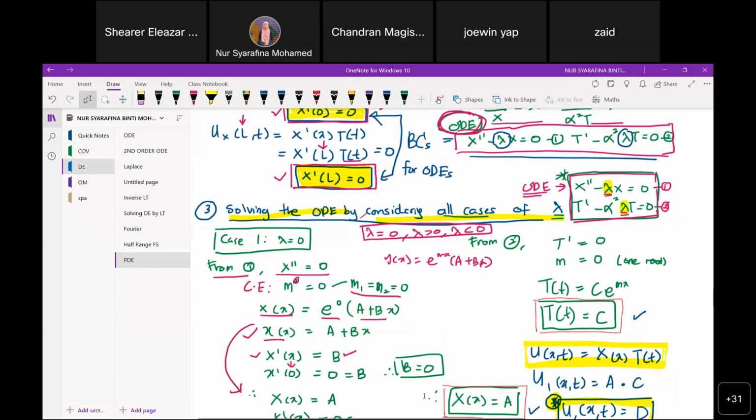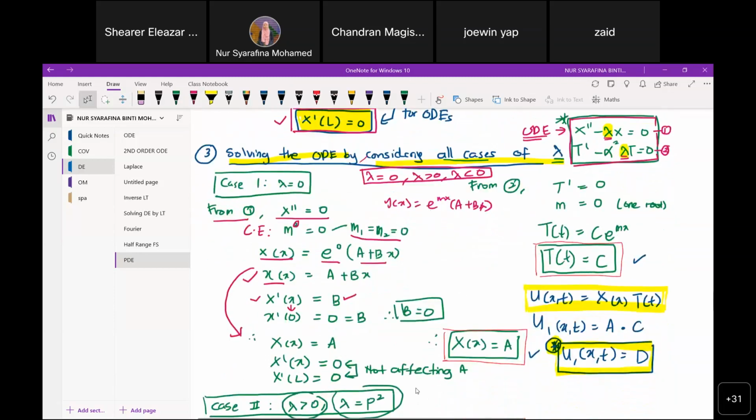Okay, so when x equals a, x prime equals 0, x prime L equals 0, where this condition does not affect a, so the solution that you obtain should be x equals a.